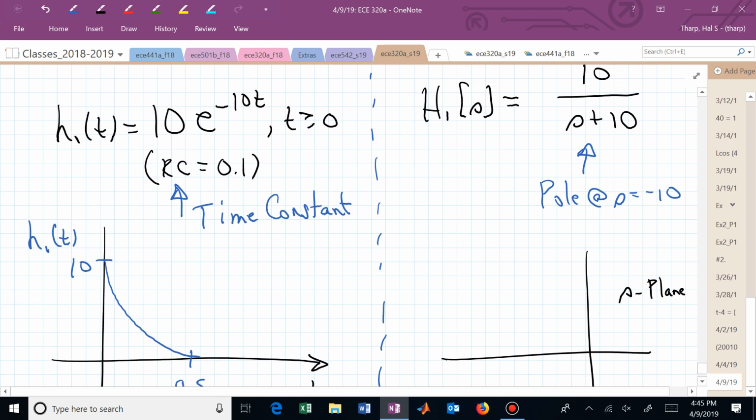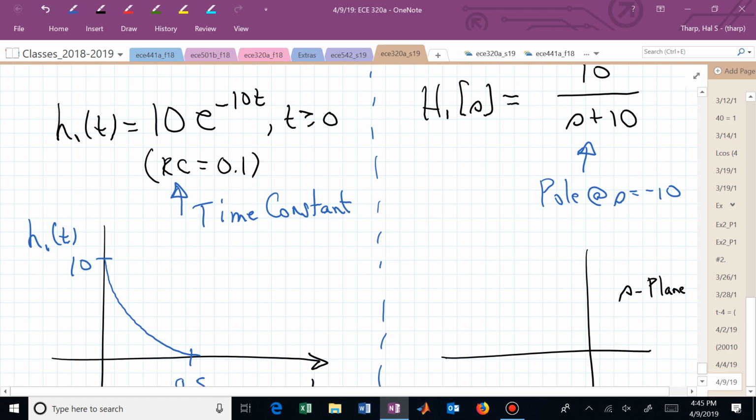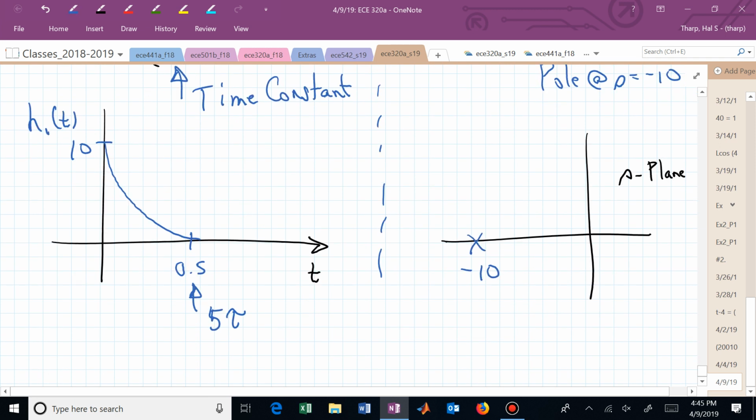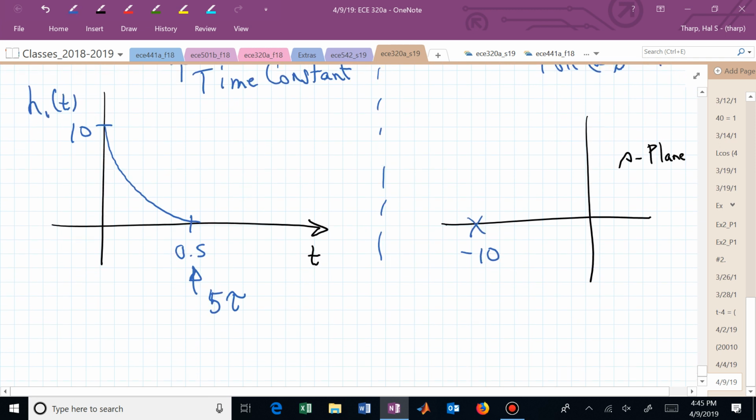Do we have any zeros? No finite values of s cause that to vanish. We do have one pole, and it's over here at minus 10. Do you see how we're now moving between the kitchen and the living room? S domain, time domain.